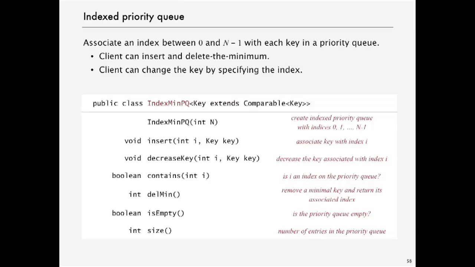Insert just associates a key with a given index. Decrease key allows us to decrease the key associated with a given index. We can check whether k is an index on the priority queue. We can remove a minimal key and give its associated index, check whether it's empty and get the size.